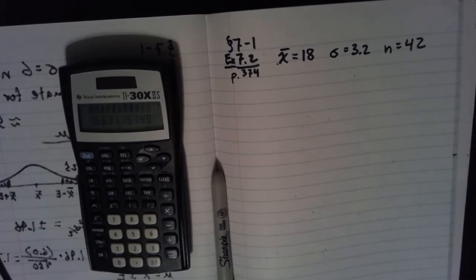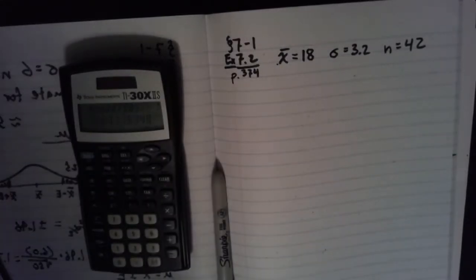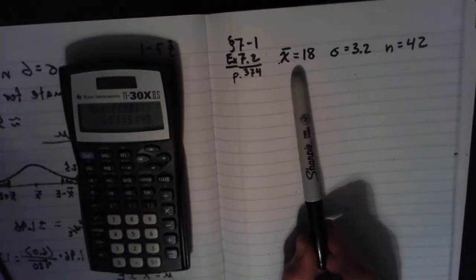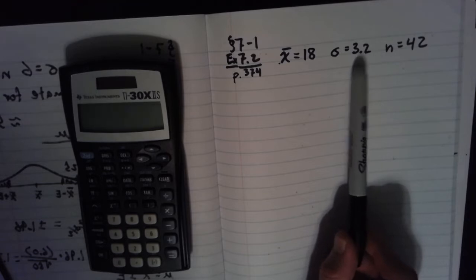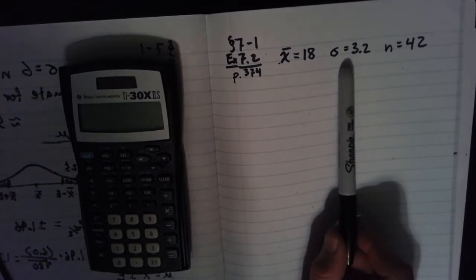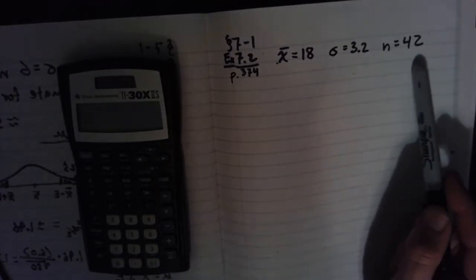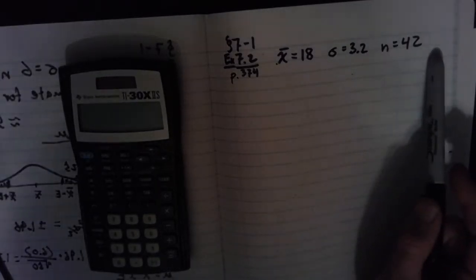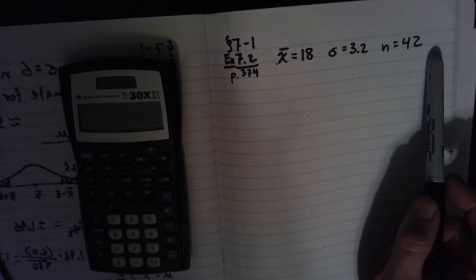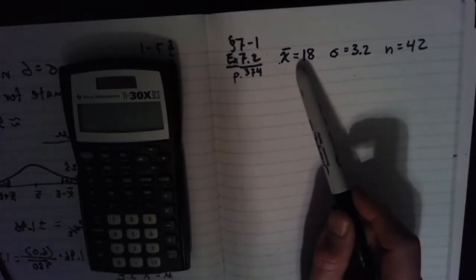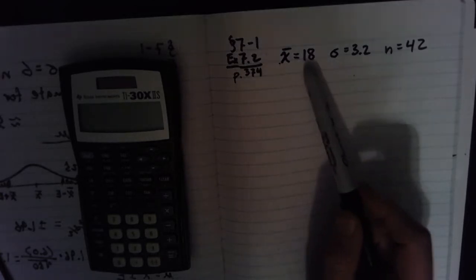All right. So notice here, the fact that this urgent care center has 4 doctors is immaterial. The average number of patients per hour that they can see is 18. They told us to assume we know the population standard deviation is 3.2, and we are randomly selecting 42 of these hours. Okay, so in hour number 1, we're going to see how many patients did they serve per hour.